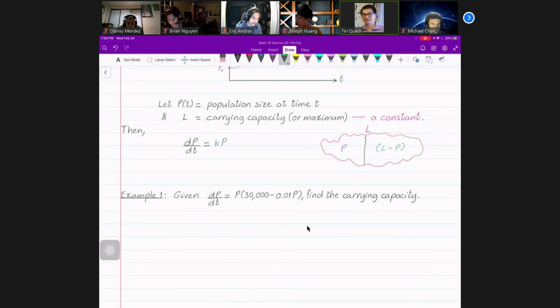So the differential equation says the rate of change of the population P depends on its population size, but it also depends on the space available. That means it also depends on L minus P, where P of 0 equals P naught is the initial population.